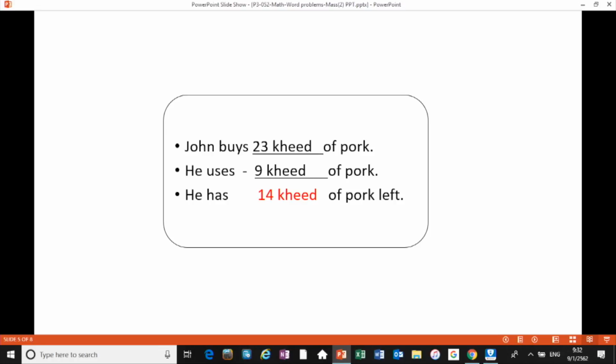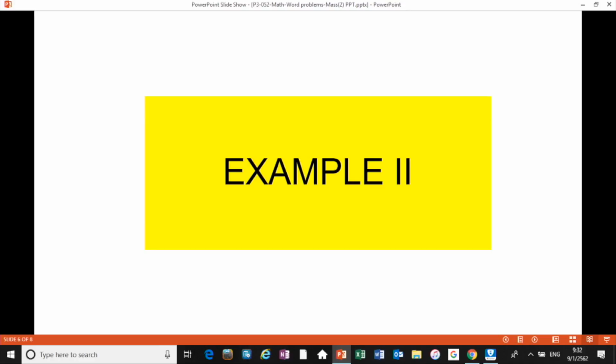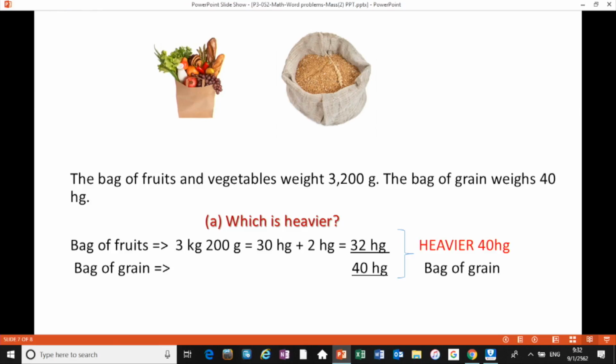Okay, let's do one more word problem. Example number 2. These are Roman numerals. This means 2. Okay, what do we have here? Ready?